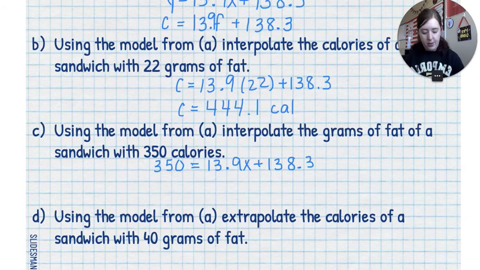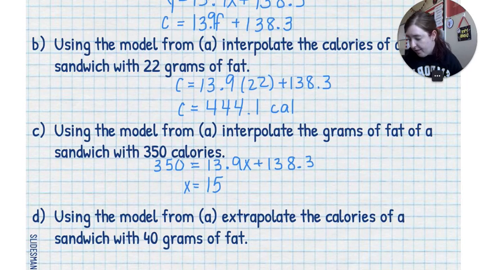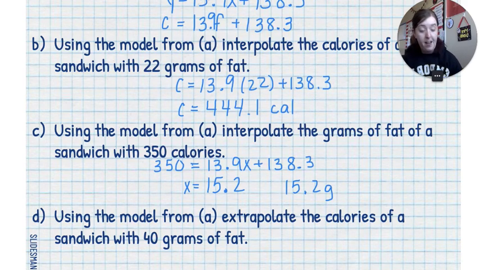Okay, so we'll take 350 minus 138.3 and then divide that answer by 13.9. And we end up with 15.2. So it will have 15.2 grams of fat to our best prediction.